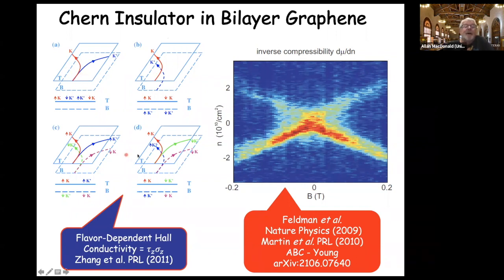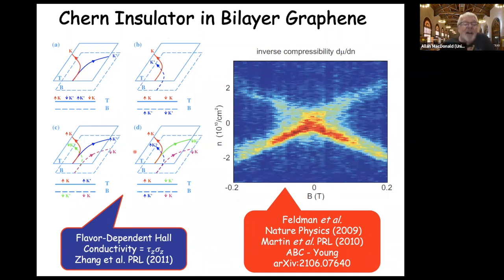Among these various possibilities, if the sense of layer polarization is the same for 2 different flavors, then by time reversal, they give opposite contributions to the Hall conductivity. That's represented by these corners of these lines. The ground state is actually a spin density wave, which is represented by this cartoon.